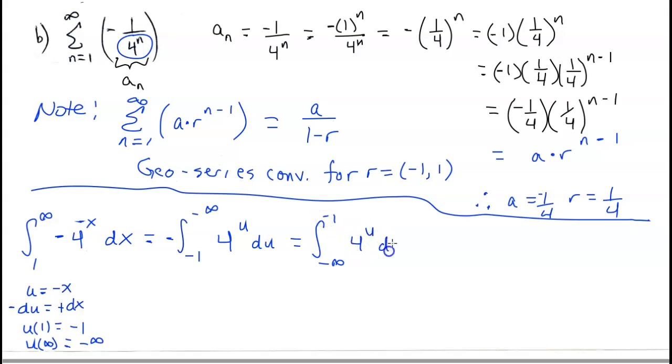And then it's just a matter of taking the integral of what we see here. And of course, this would be the limit as a approaches negative infinity of this integral here. We have a to negative 1, 4 to the u du.